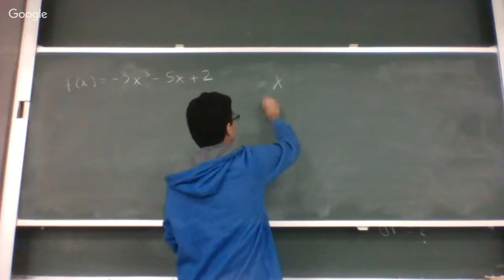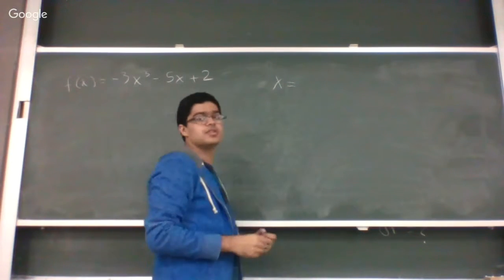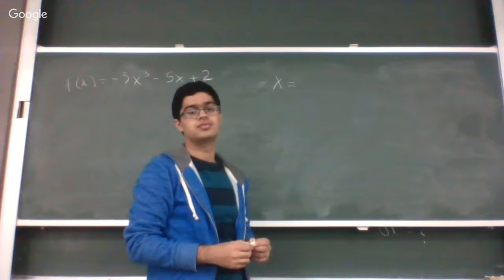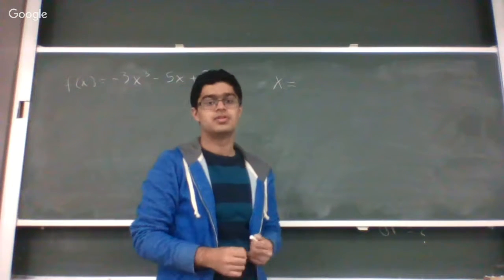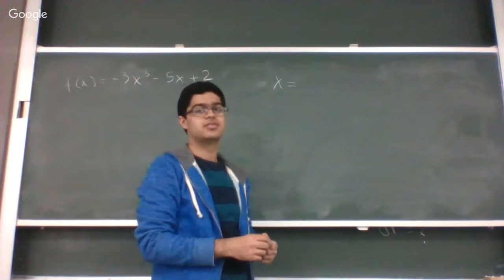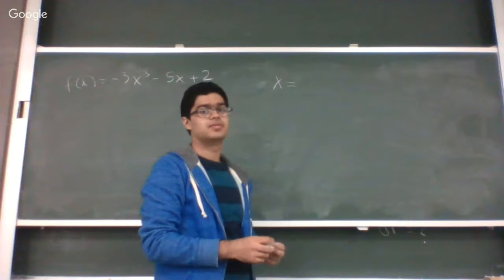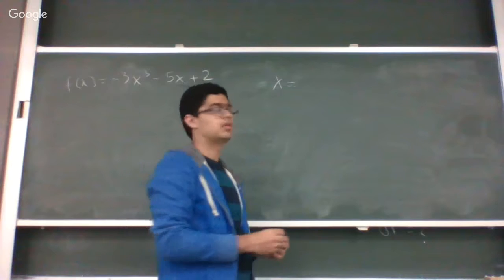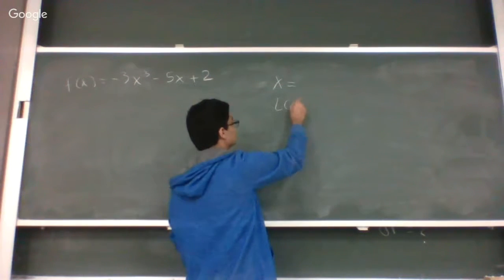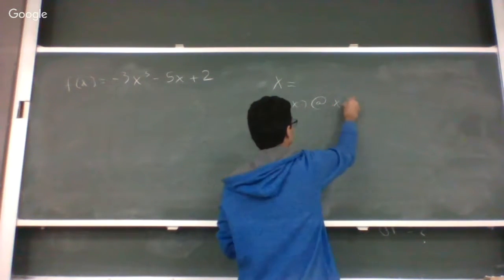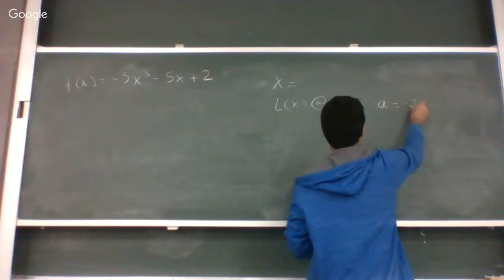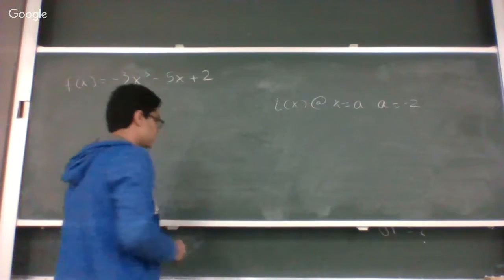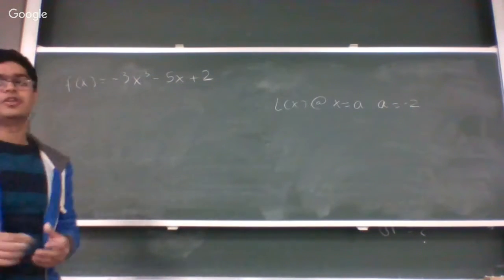They present it to us as f of a plus f prime of a times x minus a. Is that how you write it? Yeah. The entire question says find the linearization L of x at x equals a. For that problem, a equals negative 2. So we need to find the linearization of x.